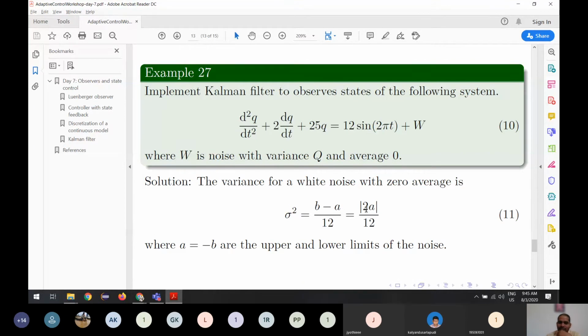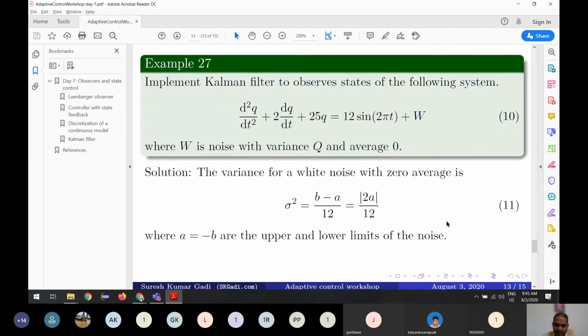Since A and B are the same but opposite, because the mean is 0, it is like minus 5 and 5, or 2 and minus 2, or something between some ranges. So we are taking this, and this is the noise variance. We are using this formula to calculate the variance in our implementation.